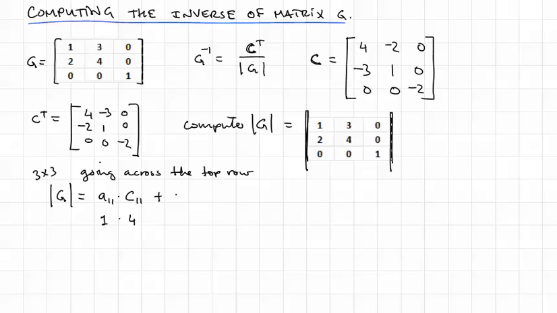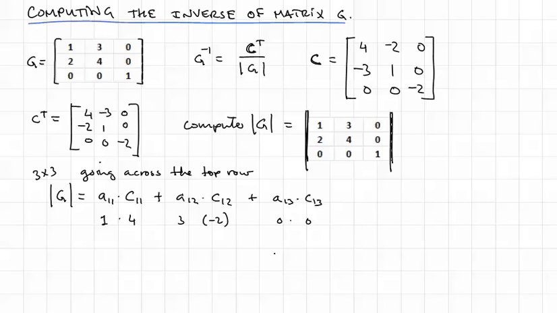Plus A12, which is 3, times C12, and that's minus 2. Plus A13, which is 0, times C13, and that is 0.